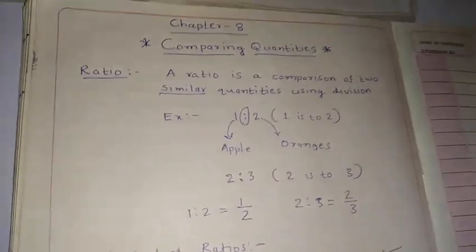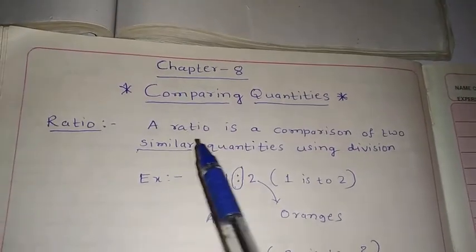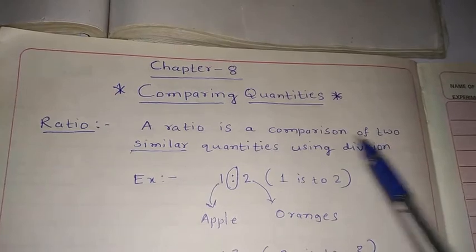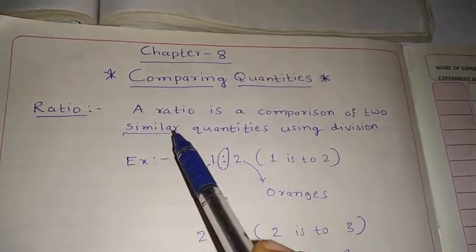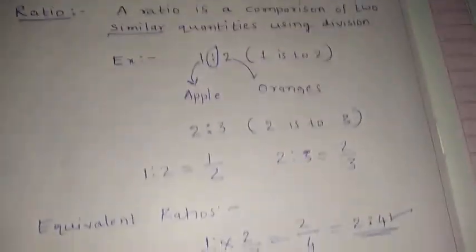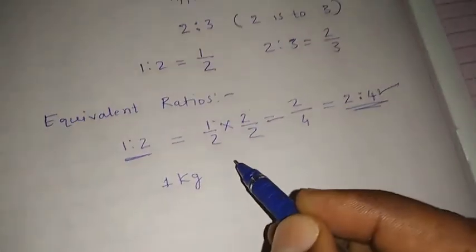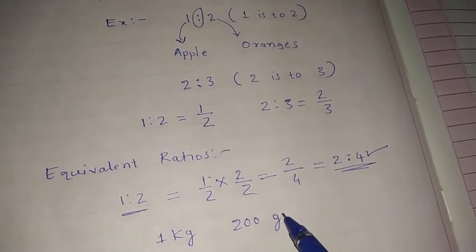Okay. And as I explained in the definition, a ratio is a comparison of two similar quantities. As I told here, similar means what? Similar means, students, all of you see here, 1 kg and 200 grams.